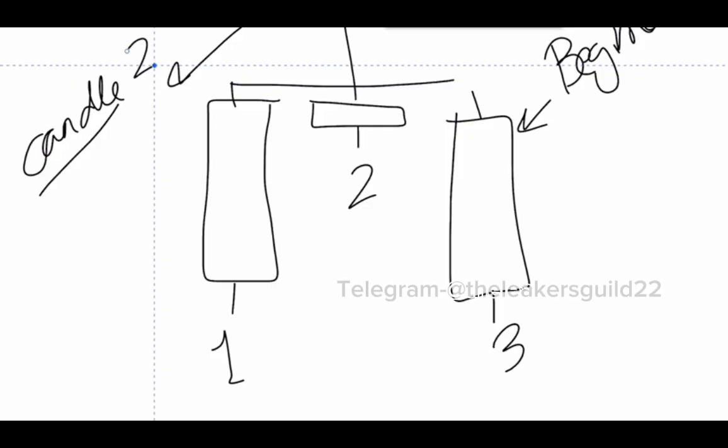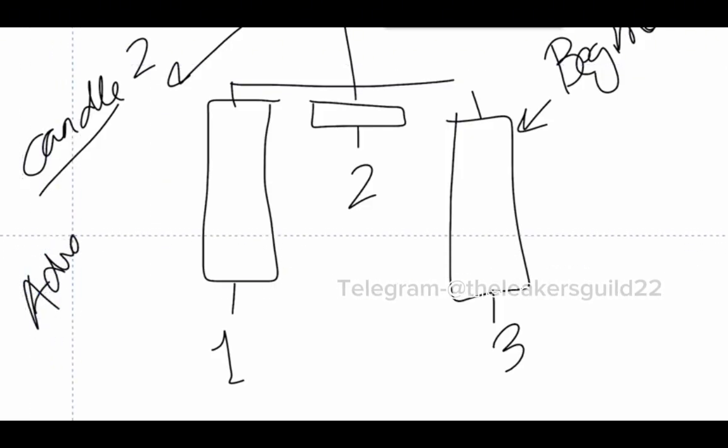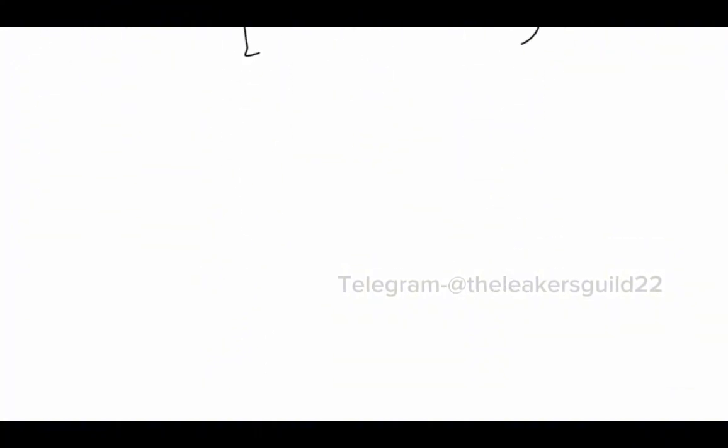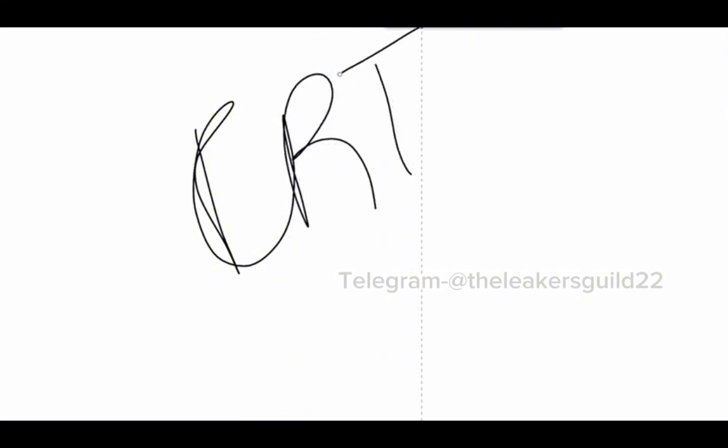But the main rule is this: beginner, candle number 3, advanced, candle number 1, right? The whole idea is to narrow down your focus from a pattern. This is not a pattern. CRT is not a pattern.